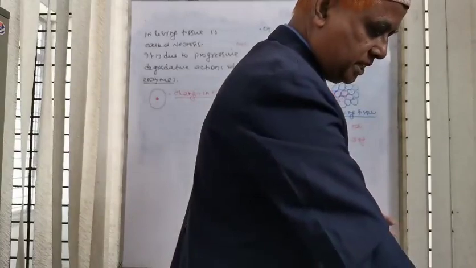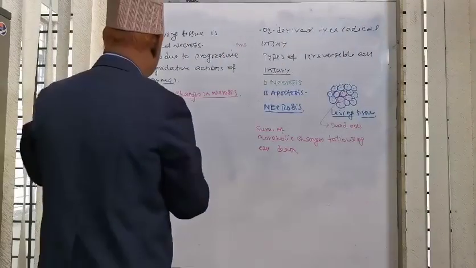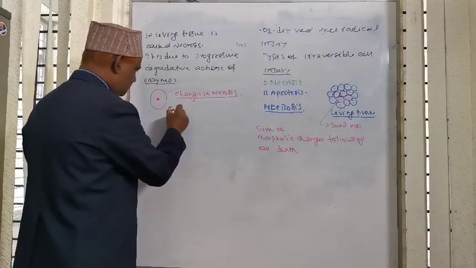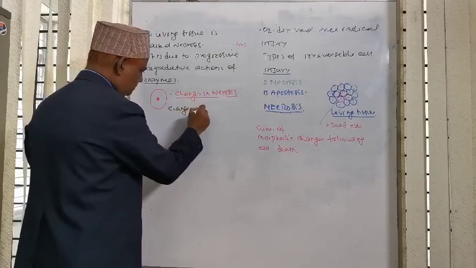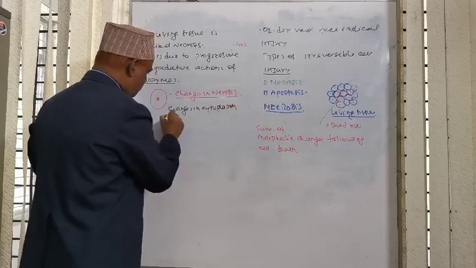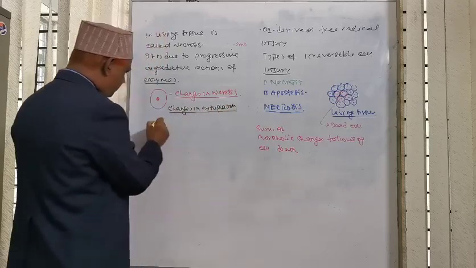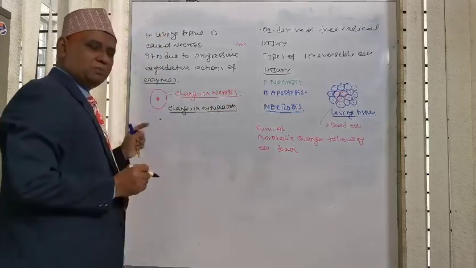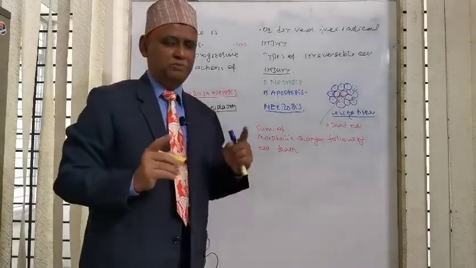First, changes in cytoplasm. The first and foremost change in the cytoplasm is loss of basophilia.